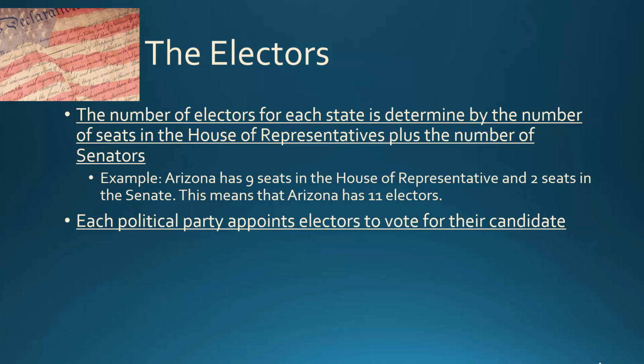The Democrats will also appoint 11 people who will be the electors for the state of Arizona. And this is the same for any other political parties within the state of Arizona. So when you vote for president, you're actually voting for the electors within the state.